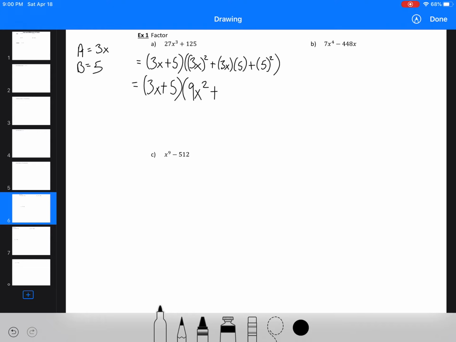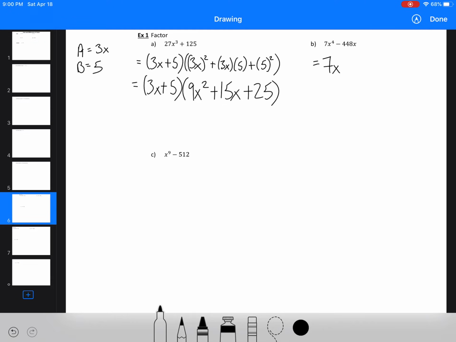And then I'm just going to simplify that. 3x plus 5, 9x squared plus 15x plus 25. Now you can check to see if you can factor that, and this one doesn't factor. So I would be all done.